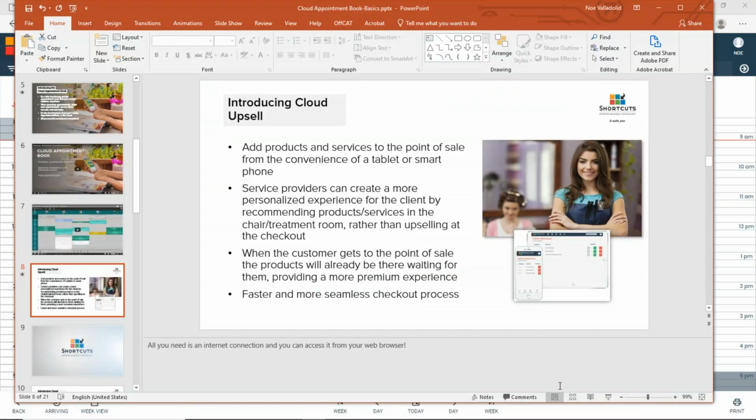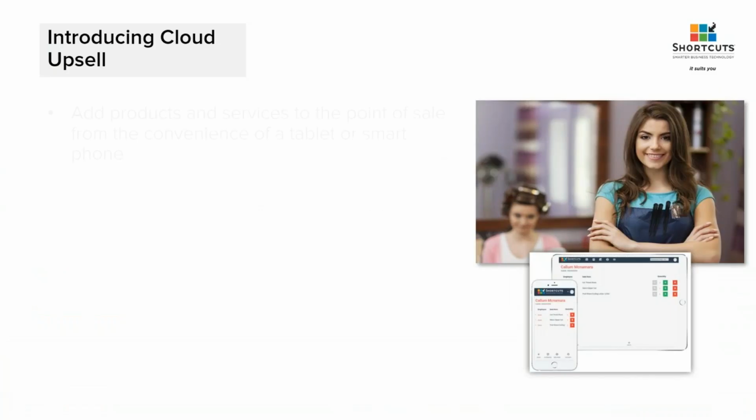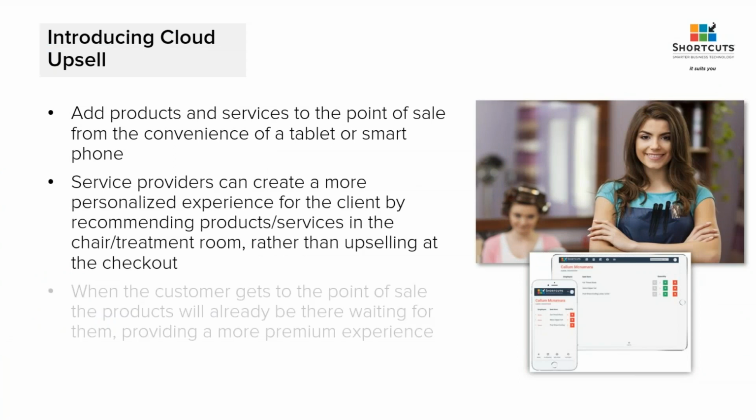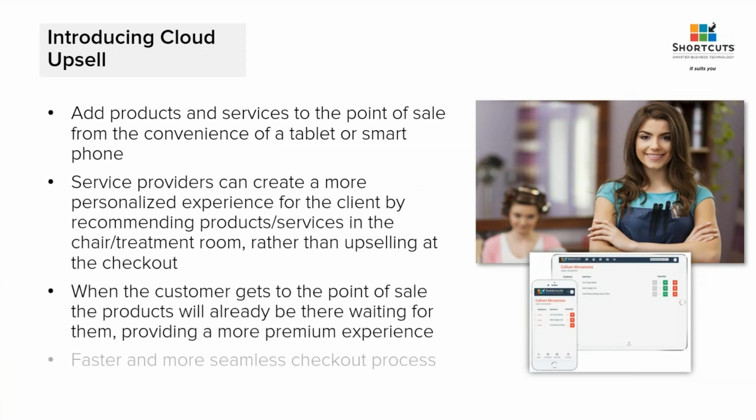So the cloud is an easy way for your staff, your front desk, to get access to the traditional point of sale appointment book when they're either working remotely or they're somewhere in the salon if they have a tablet or a phone. The other thing that they can do is the inventory that's in your system actually synchronizes online. So you have the ability to add products while the customer is still in the chair.